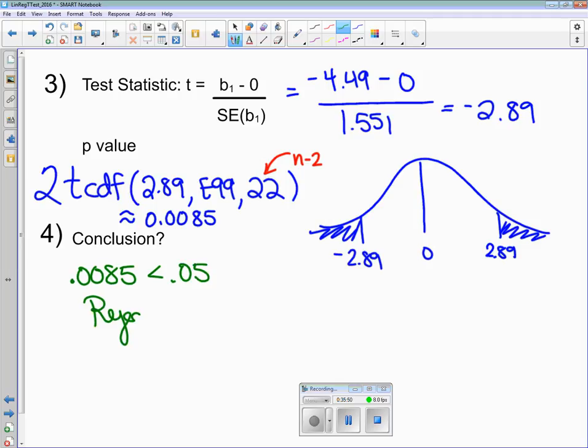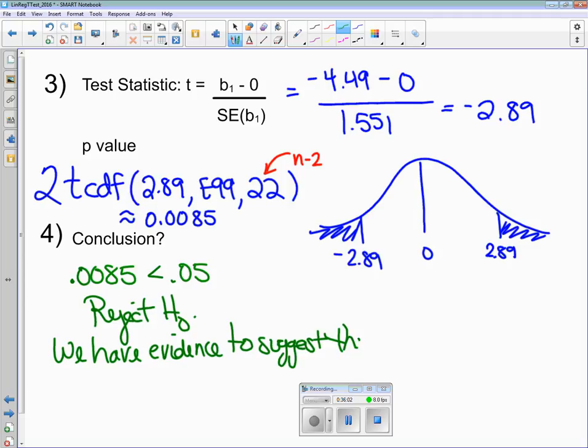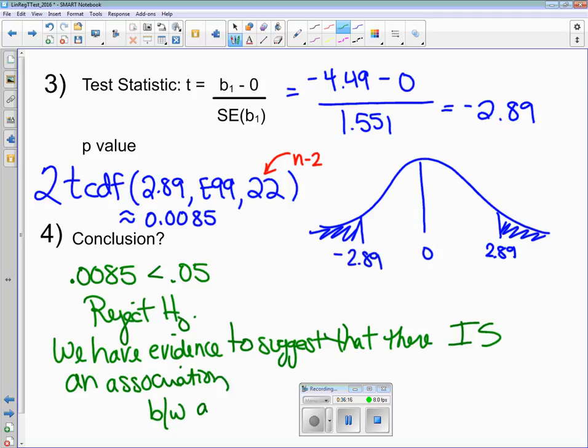We will reject the null, and we will say we have evidence to suggest that there is an association between anxiety level and student performance.